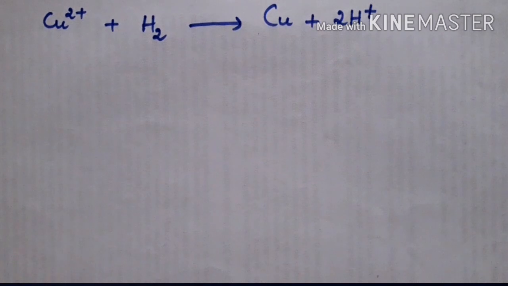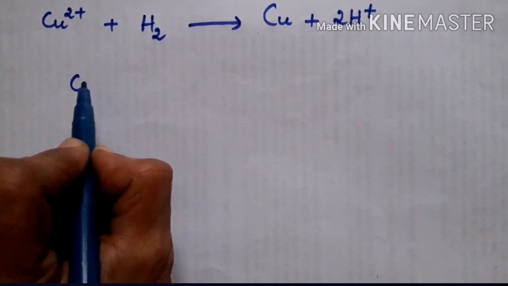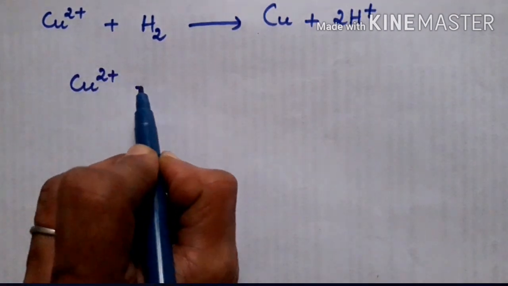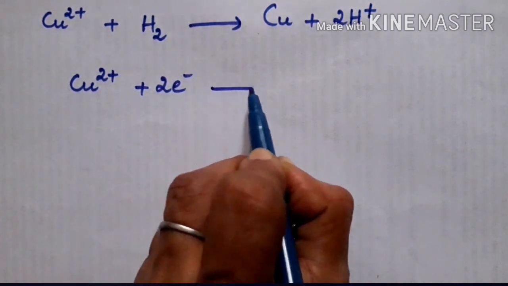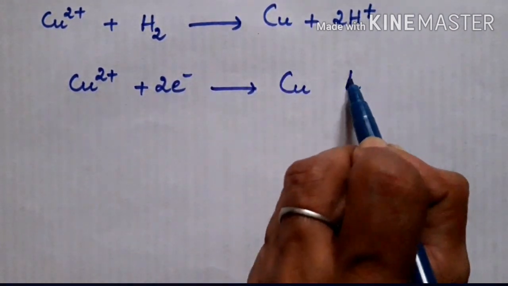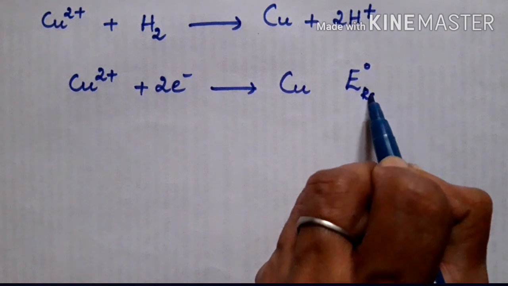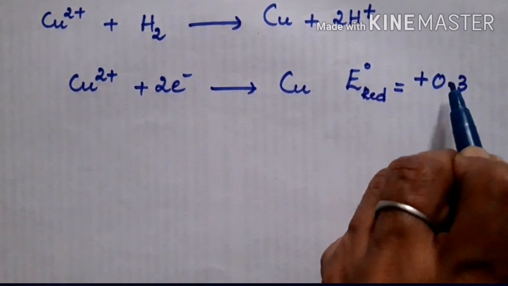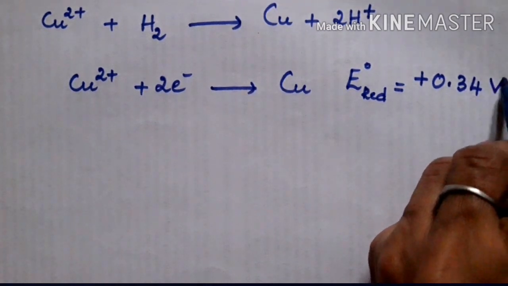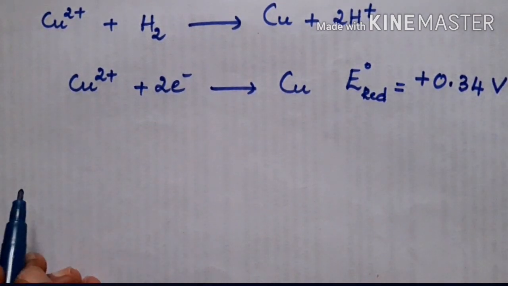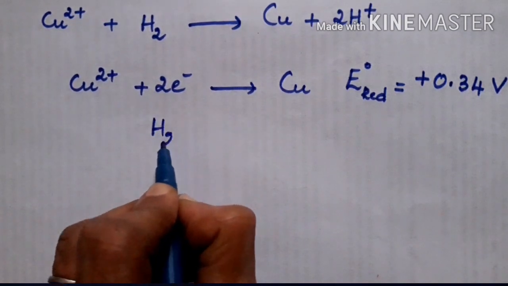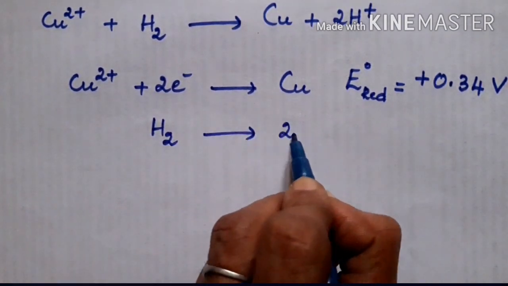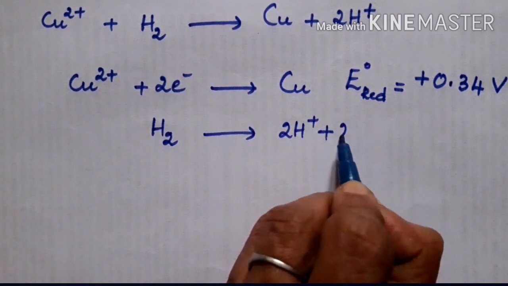We shall now split the second reaction into oxidation part and reduction part. We have the reduction part as Cu2+ plus 2 electrons becoming Cu. So the E0 reduction value will be equal to positive 0.34 volt. Coming to the next part, H2 changes to 2H+ plus 2 electrons.